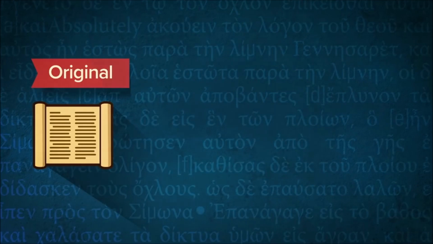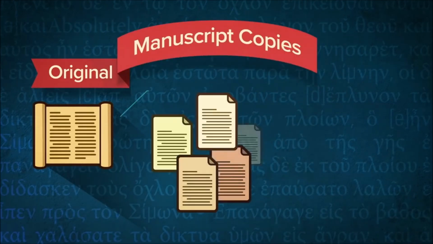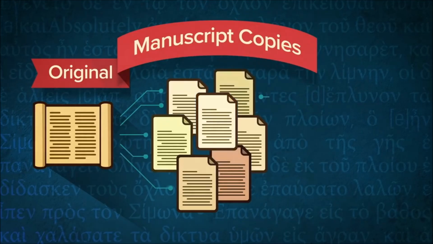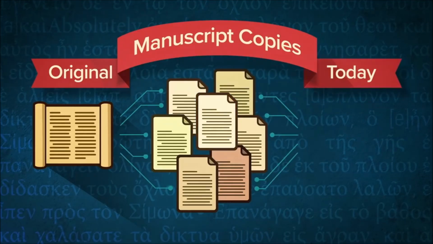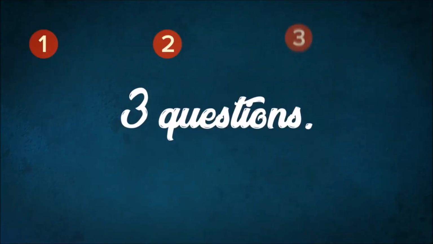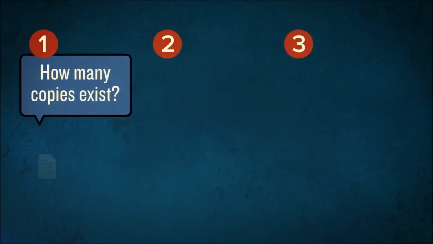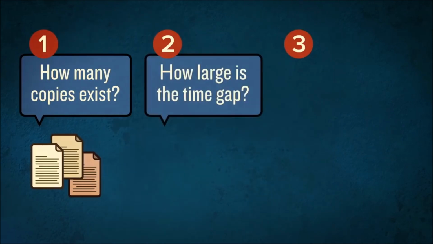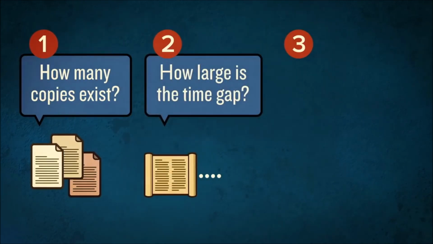The New Testament and all significant literature from the ancient world is reconstructed into its original form by comparing manuscript copies that have survived. To determine the reliability of this reconstruction, historians ask 3 questions. How many copies exist? How long is the time gap between when the original was written and when the earliest surviving copy was made?